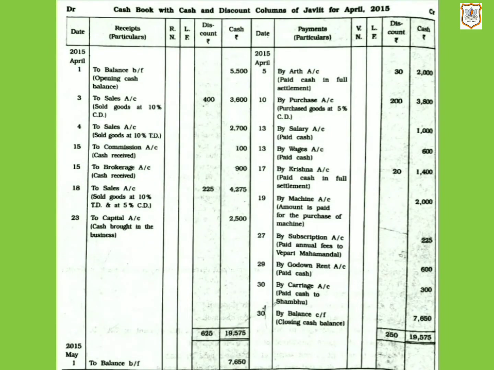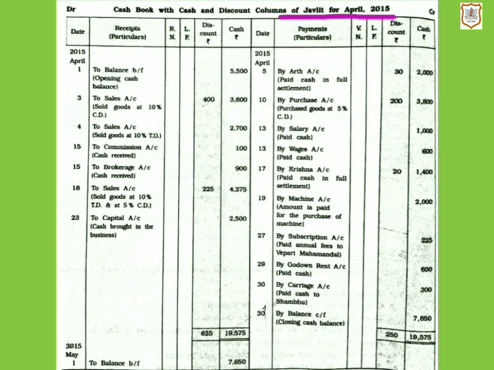So here is the cash book with cash and discount columns of Javid for April 2015. Before proceeding further, let's recall some points regarding cash discount. See, cash discount is included in nominal account. Hence, debit the expenses and losses, credit income and gains.